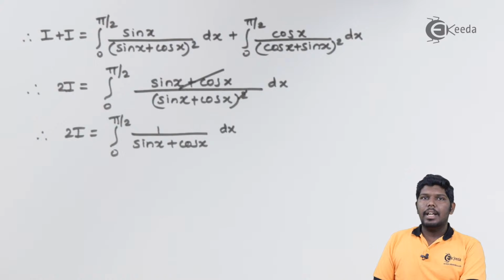Now you can see that the given integral is in the form of 1 upon a sin x plus b cos x plus c. We have seen this type already in the previous chapter, that is integration. In this case, we need to put tan x by 2 is equal to t. The value of dx will be 2 dt upon 1 plus t square. The value of sin x will be 2t upon 1 plus t square, and the value of cos x will be 1 minus t square upon 1 plus t square.